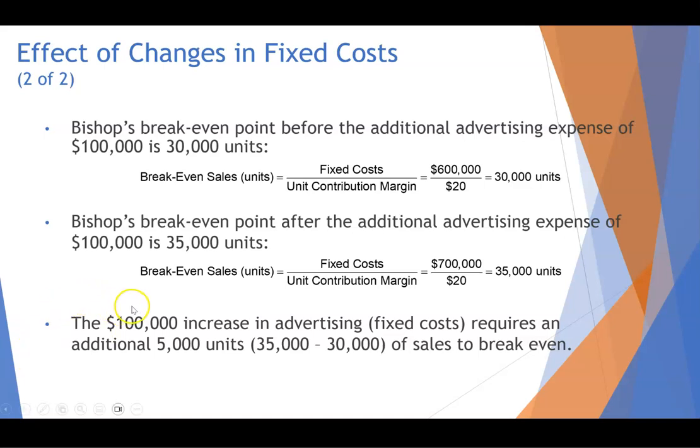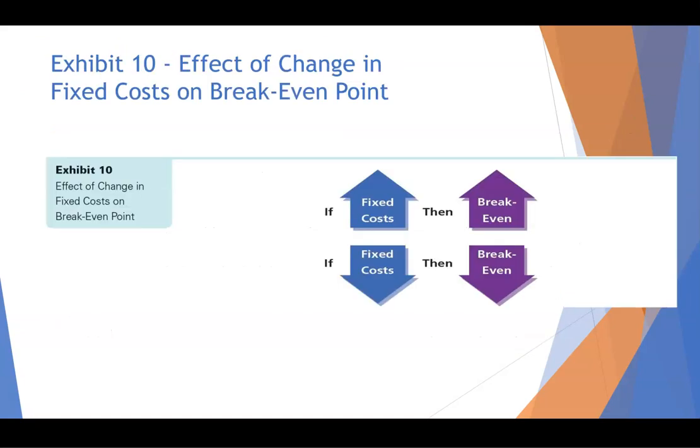That $100,000 increase requires an additional 5,000 units of sales to break even. Changes in fixed cost affect the break-even point as shown. As we increase fixed costs, we increase the break-even point. When we decrease our fixed costs, we decrease the break-even point.